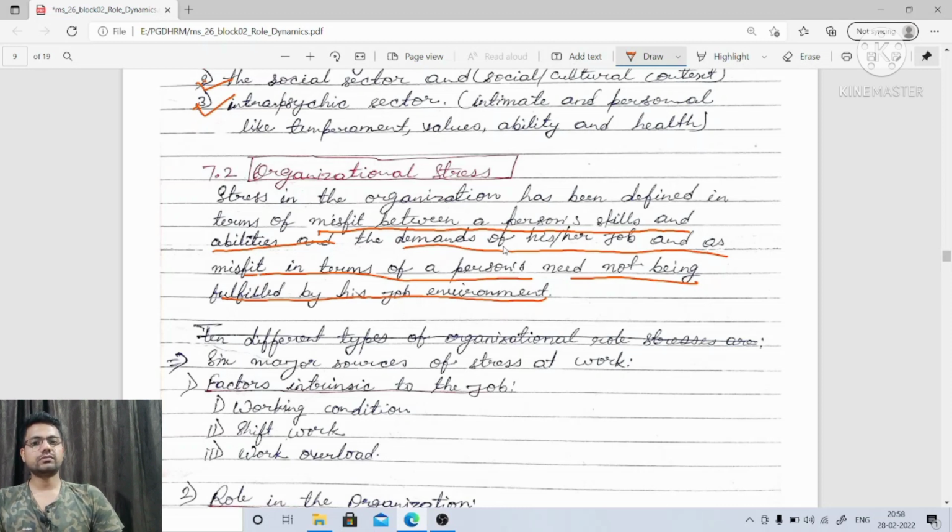Whatever the person's needs are, they are not going to be fulfilled by his job environment, and in that case the person may feel stressed.